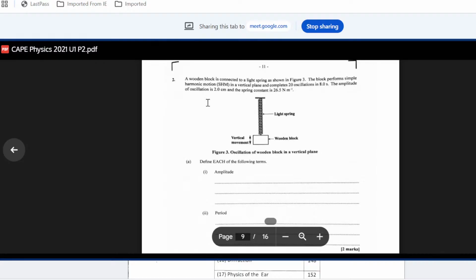Look at the information we have here for a spring. What equation do we have for a spring? The equation I would use is omega squared is equal to k over m.